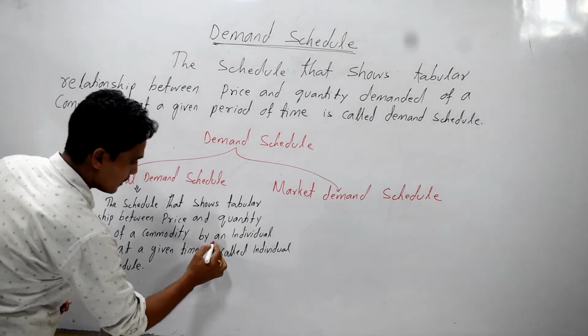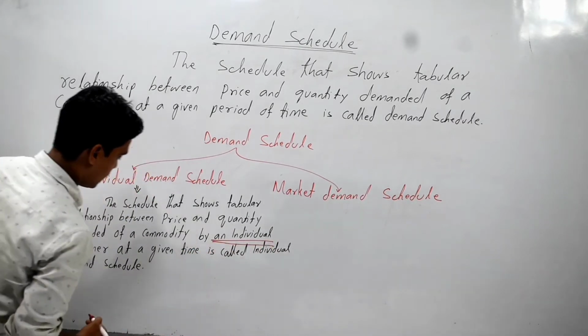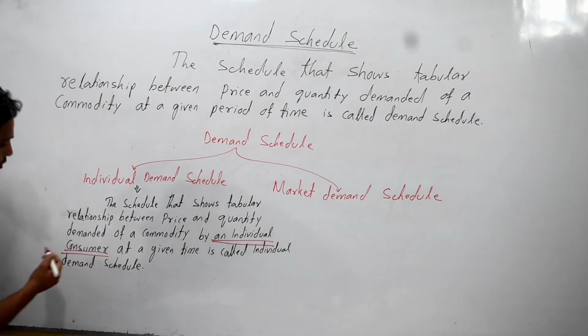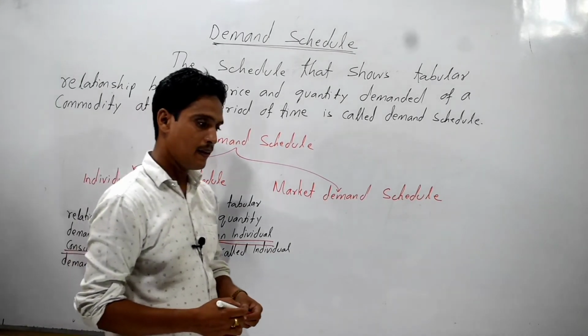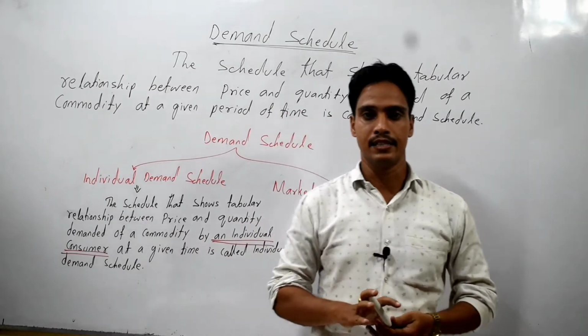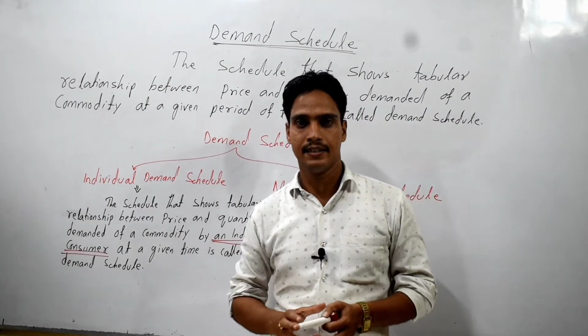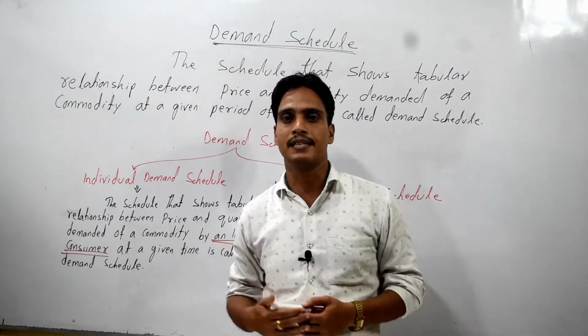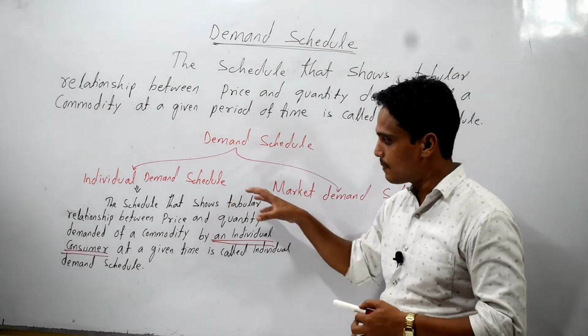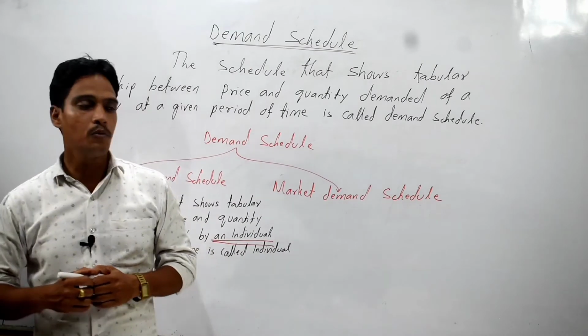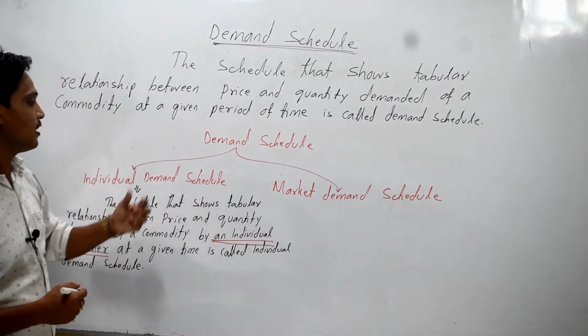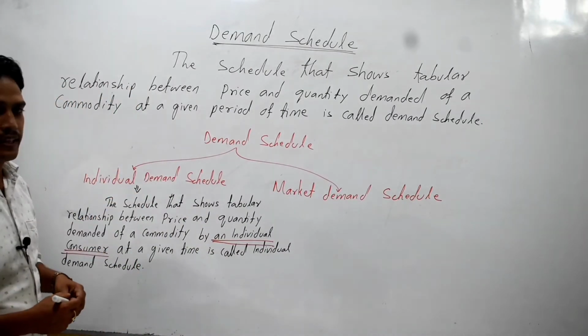That means a particular consumer demands different quantities of a commodity at different prices, and when it is presented in a schedule or table form, that is called individual demand schedule.